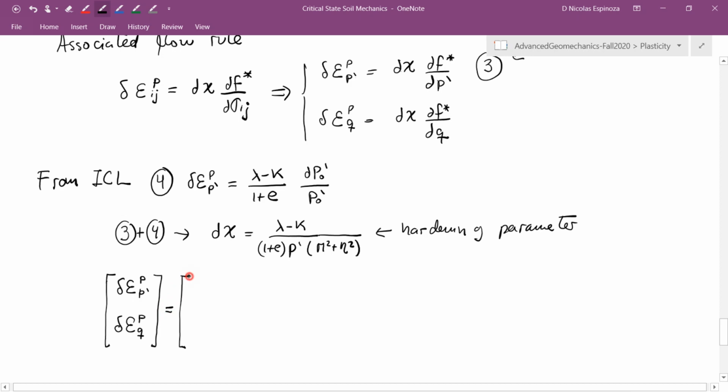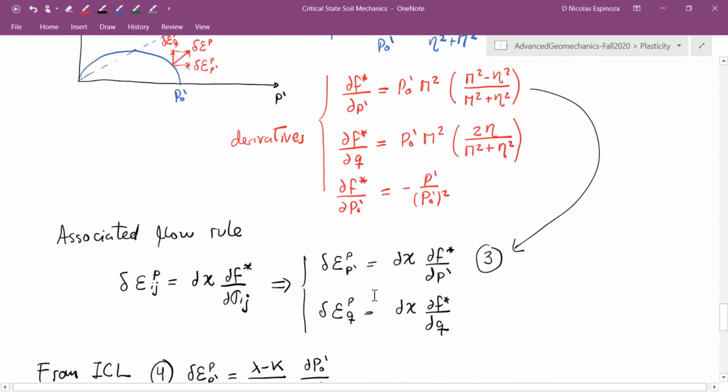Here I have my matrix, and here my input, same as before: change of mean stress, change of deviatoric stress. Now using the hardening parameter and the derivatives, I'm able to compute these two.